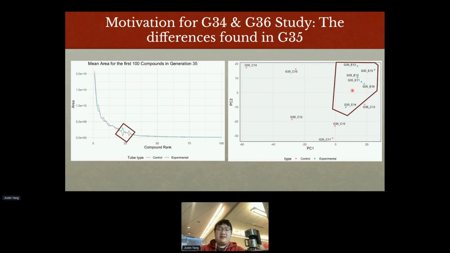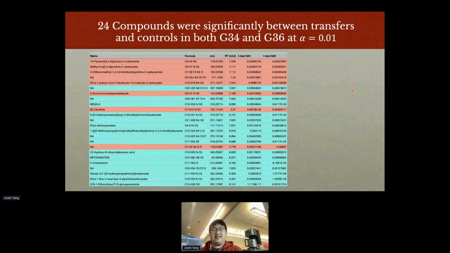And what we found was a list of 24 different compounds that were statistically significant in both generations, 34 and 36, at the alpha level of 0.01. And this is actually higher than what we'd expect at that level, with 24 out of a little more than 10 times higher than what we expected.